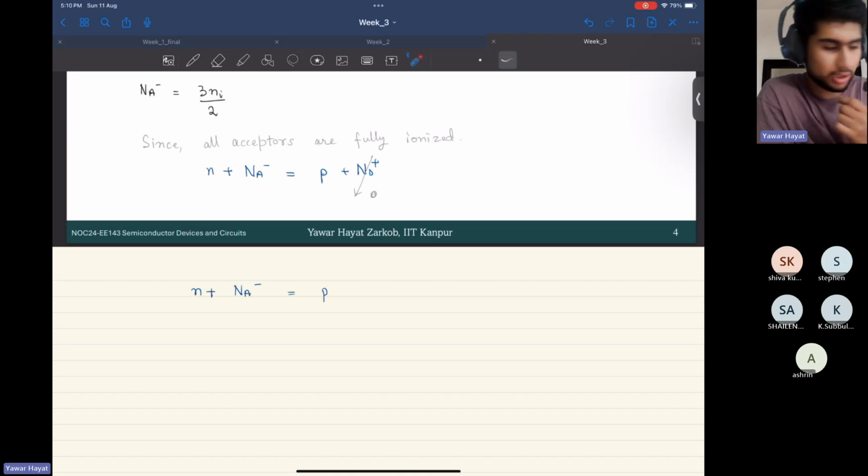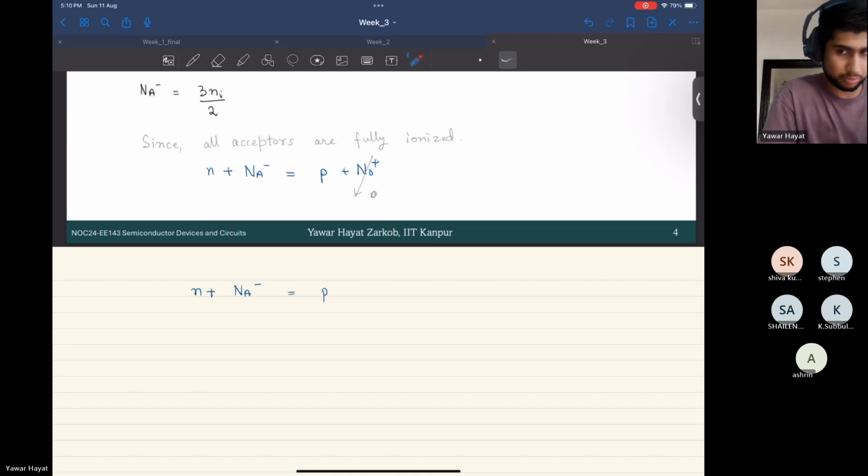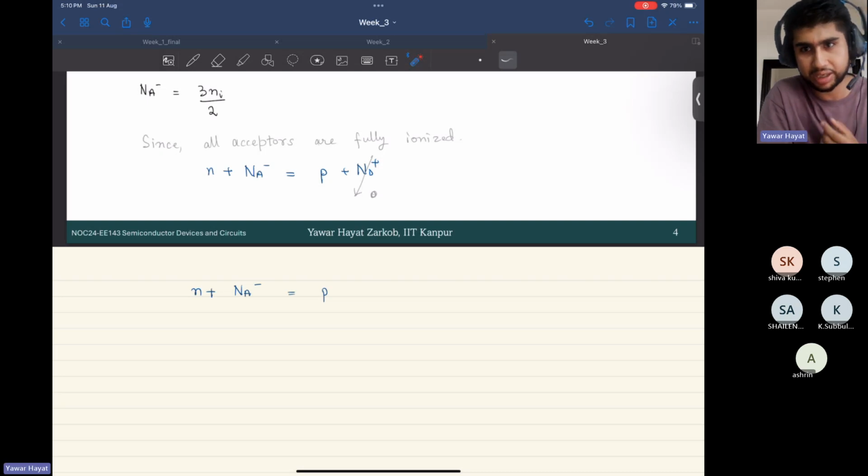Using mass action law. Exactly, we need to use law of mass action, but to eliminate what? By law of mass action, I can express N in terms of P, right? And Ni squared equals NP.